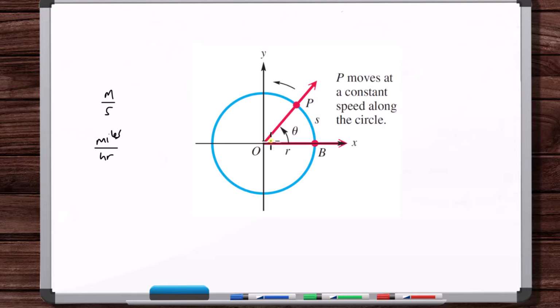We're going to use this idea of linear velocity in this problem, because we can think about this mass or point as having a so-called linear velocity.